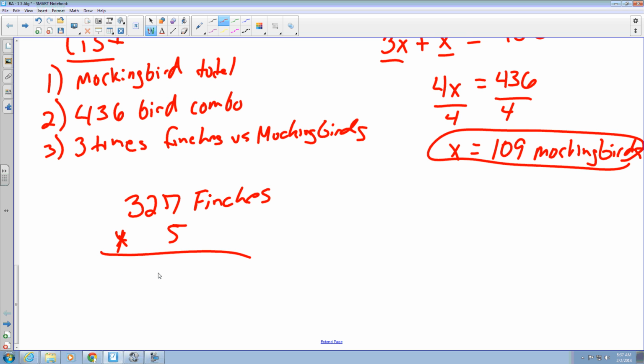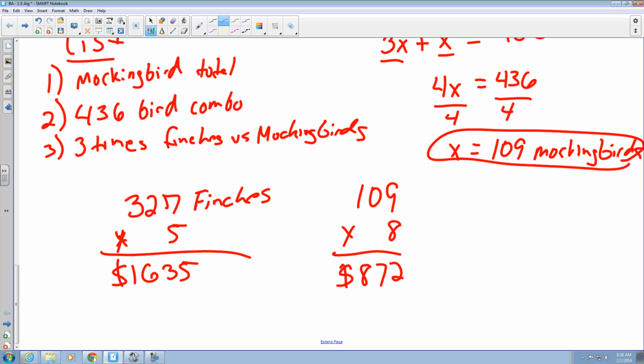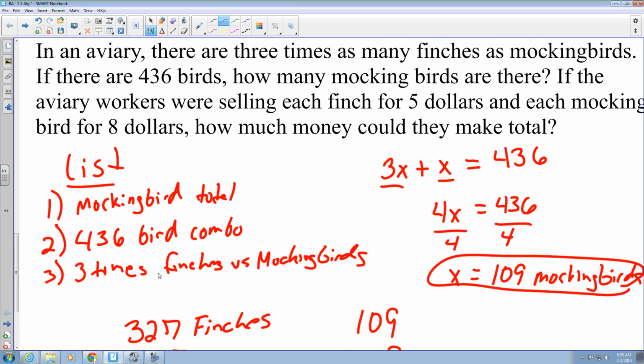And that is going to give me a value of $1,635. Now, for the mockingbird, I'm going to take 109 and multiply it by, they said, $8. And 109 times 8 is $872. Question is how much you make total.